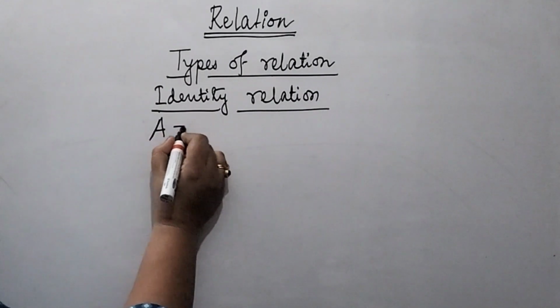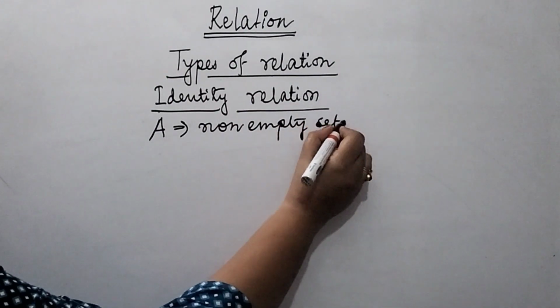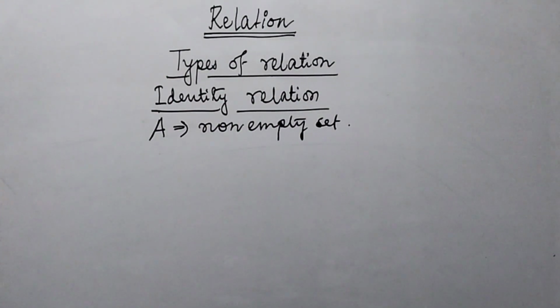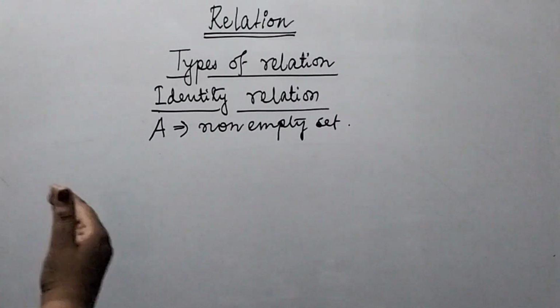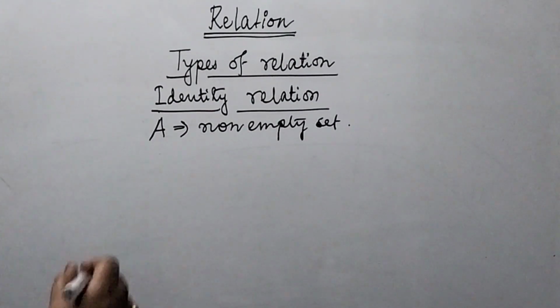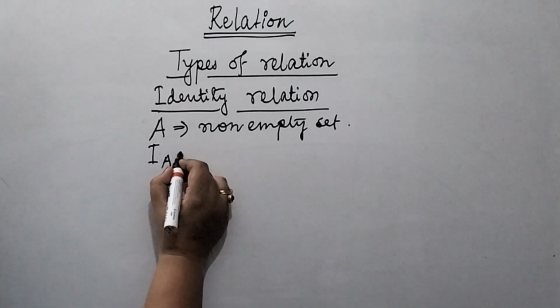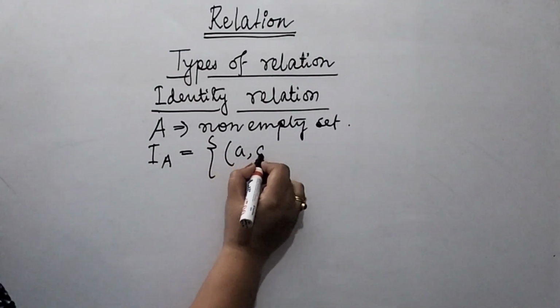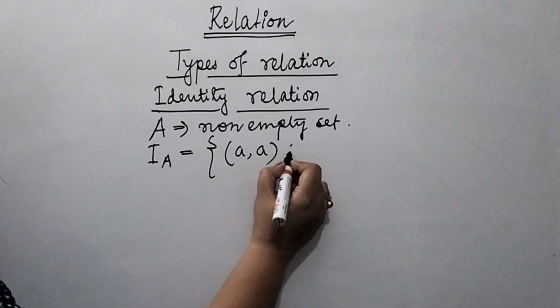Suppose I am considering a non-empty set A. Now, if a relation is defined on A such that all the elements of A, I repeat, all the elements of A are related to itself only by that relation, then we shall say that particular relation is the identity relation on A. And here there is a standard notation of the identity relation, that is I_A. So I_A will get the structure like (a, a).